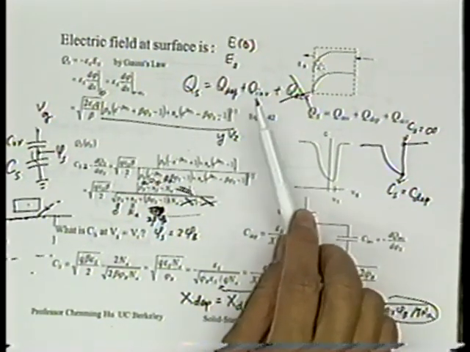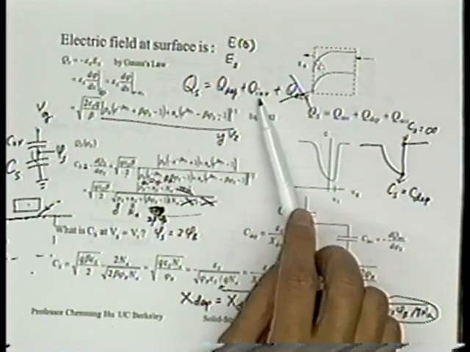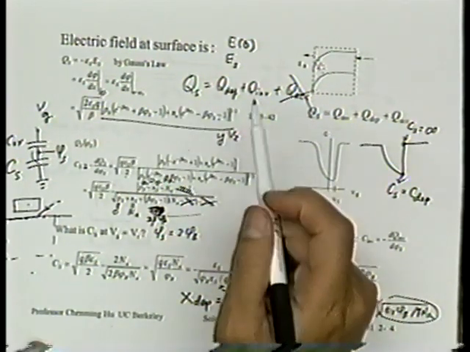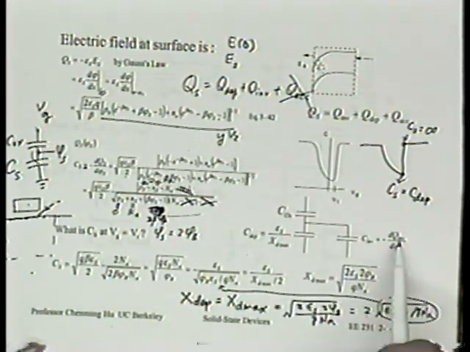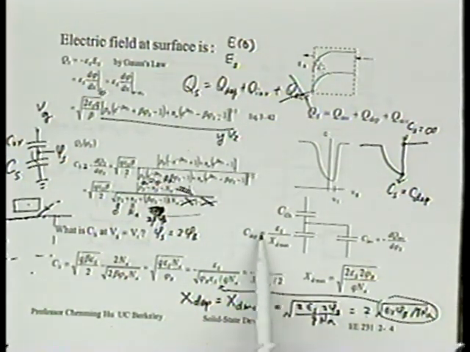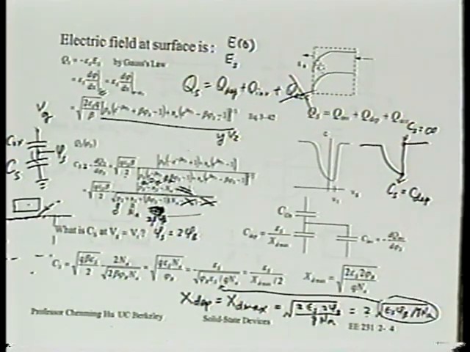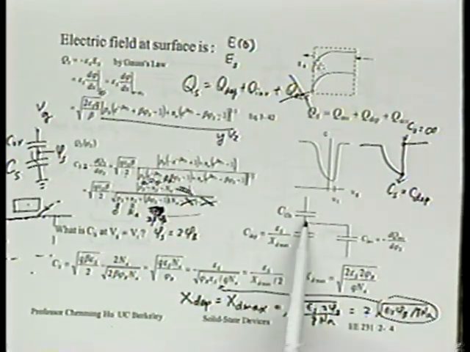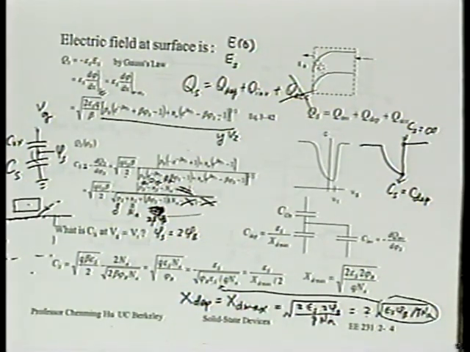So we have to consider that in the capacitance. What capacitance does this contribute? It contributes this much, dQ inversion over d phi s. And if you carry that out, it happens to be the same amount as this at the threshold voltage. And that's why the total capacitance is twice as large as that due to the depletion layer alone.